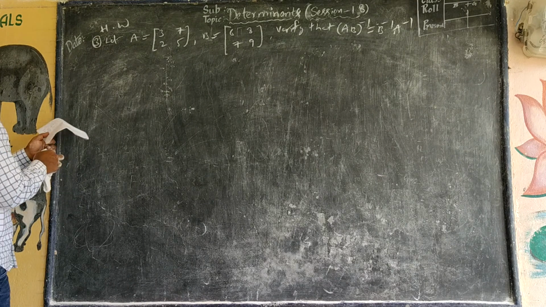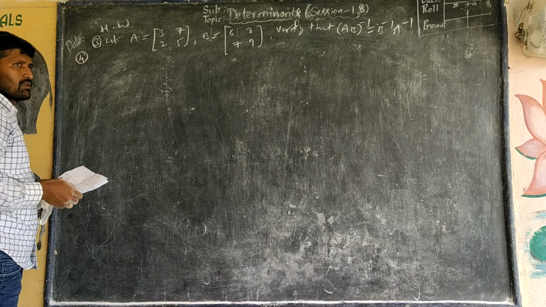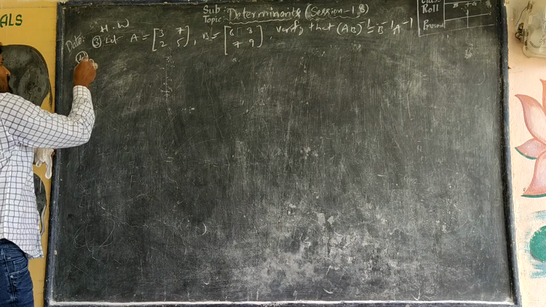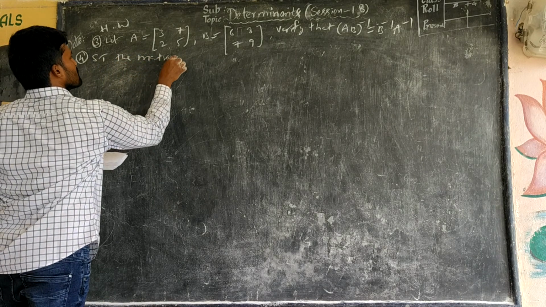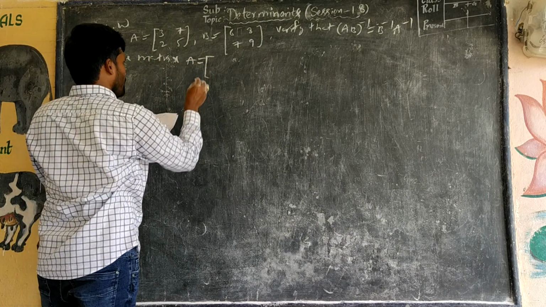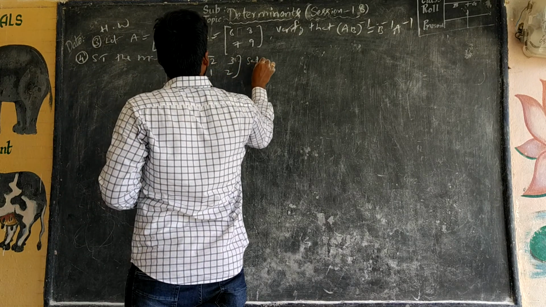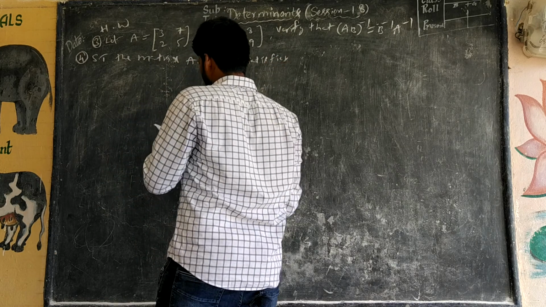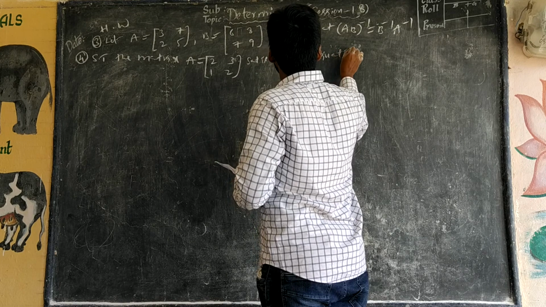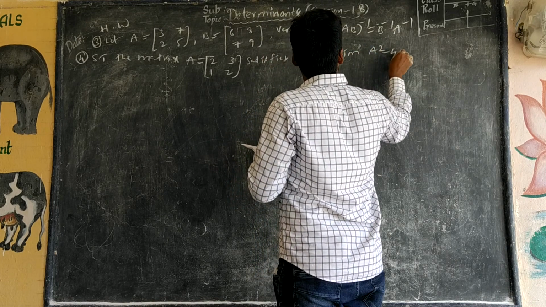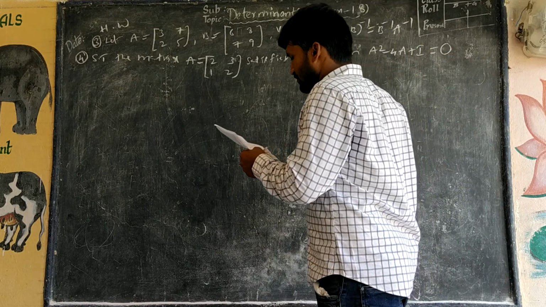Here, try this question. It's coming to the fourth one. What is the fourth question? Show that the matrix A equal to [2 3; 1 2] satisfies the equation A square minus 4A plus I is equal to the 0 matrix.